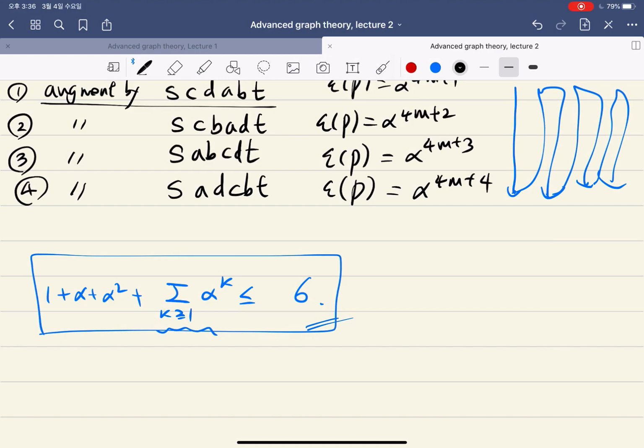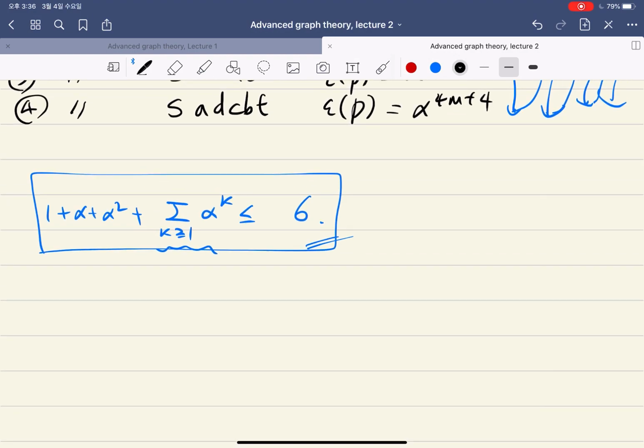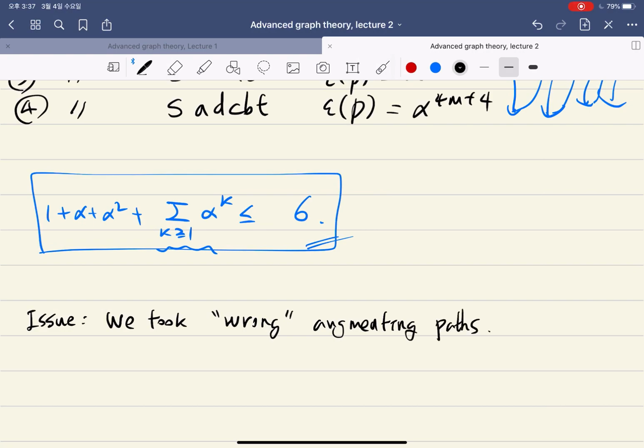Anyway, this shows that the Ford-Fulkerson algorithm may not work for the general case when capacities of the network are not rational. But what's the problem here? Why didn't it work? The problem is we have taken long augmenting paths.